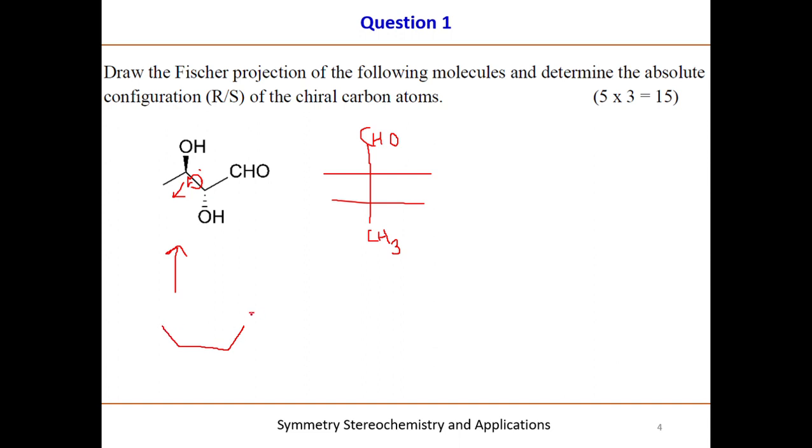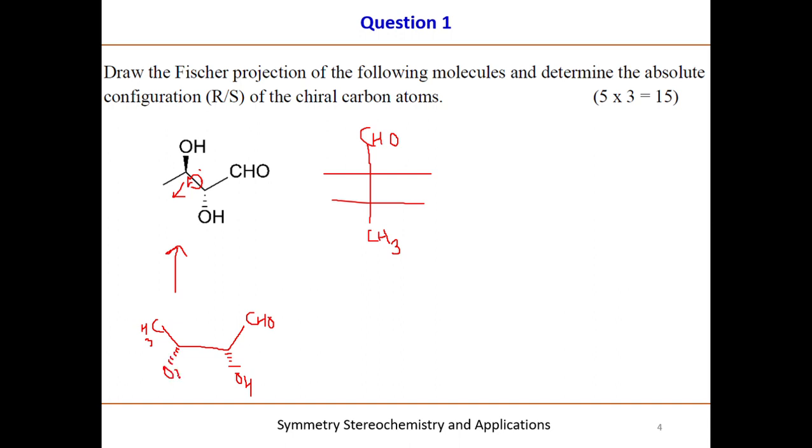So here we have the CHO group, and here the CH3 group after rotation. This hydroxy will remain as it is, and because of the carbon bond rotation, this hydroxy group will go to the back side from the front side, so it will also go to the back side.